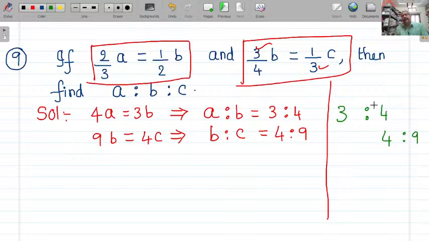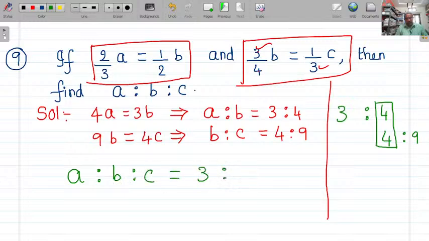You need not multiply because these two are the same. So directly we can write 3 is to 4 is to 9. That's our answer. So therefore A is to B is to C is equal to 3 is to 4 is to 9. So this is our answer. It's very interesting.